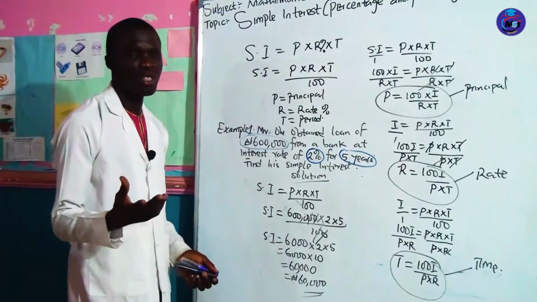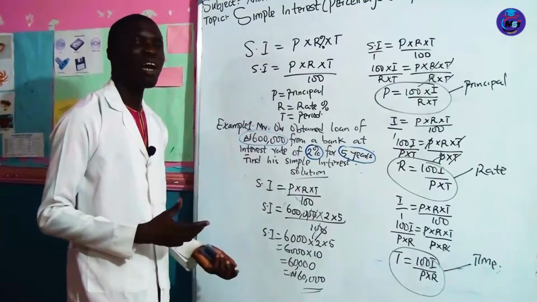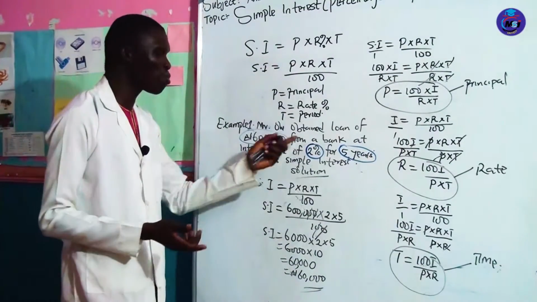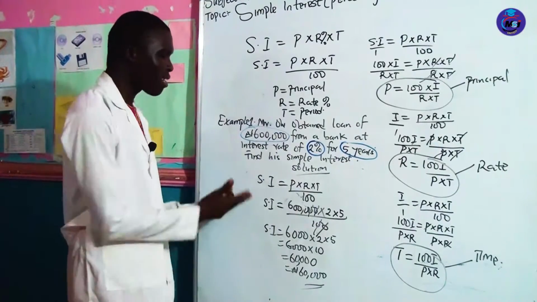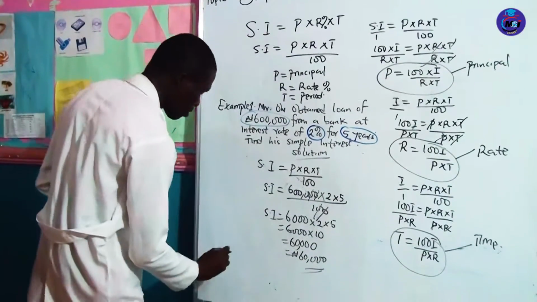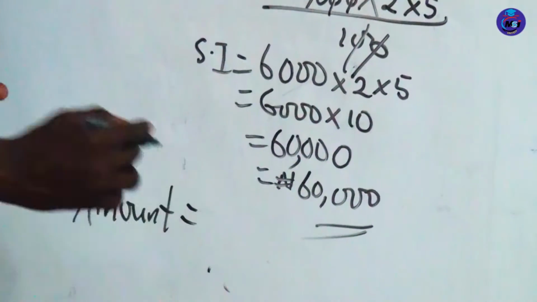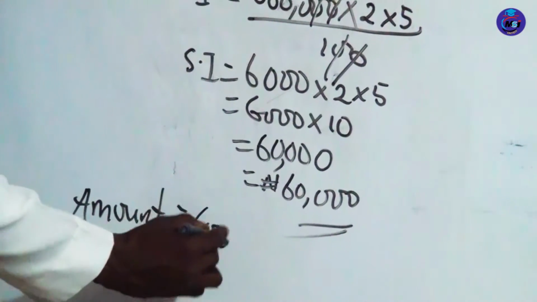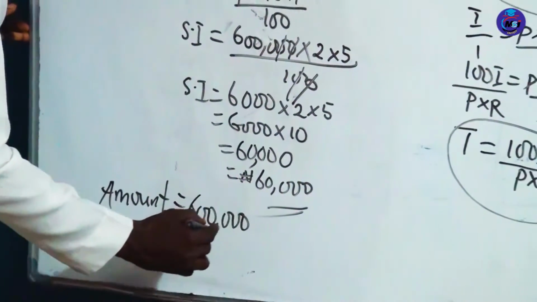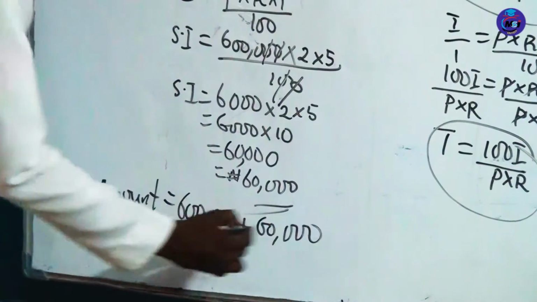So if I may ask you, what will be the amount that Mr. Olu is going to return to this bank at the end of 2 years? You need to add this together. So amount, this is not part of our question, but I believe that this will help you in your exam. So amount will be 600,000 plus 60,000.